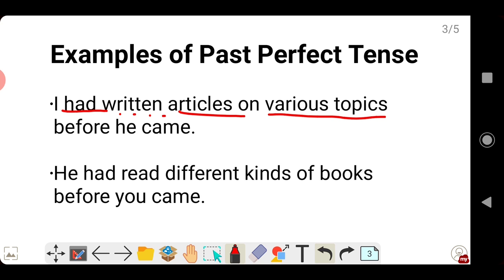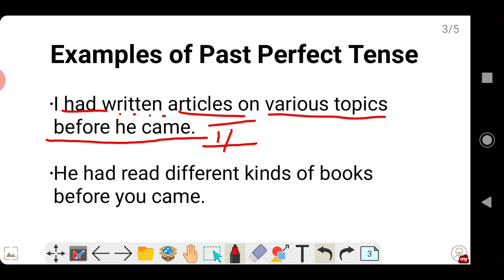I'm using had, and written is the third form of the main verb write. I had written articles on various topics before he came. This is the second part. As you can see, this is past indefinite tense.